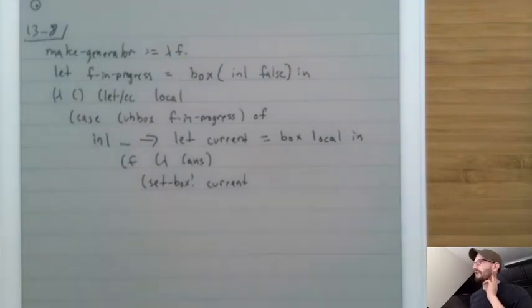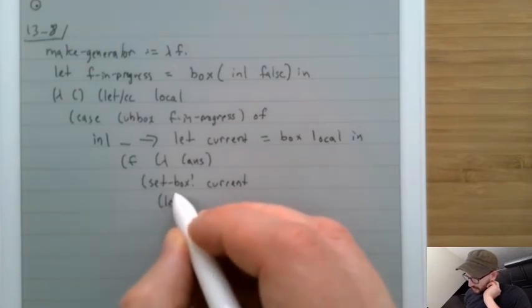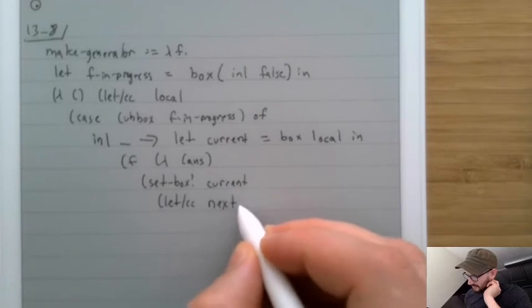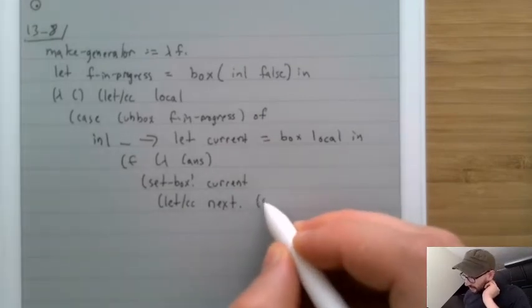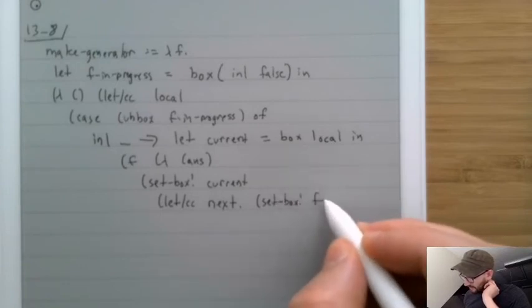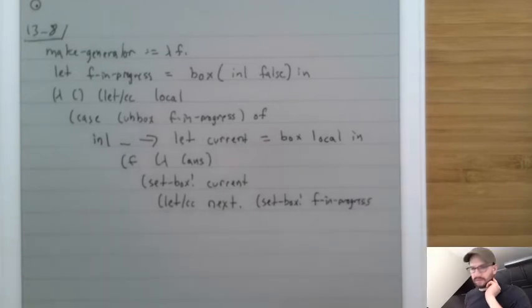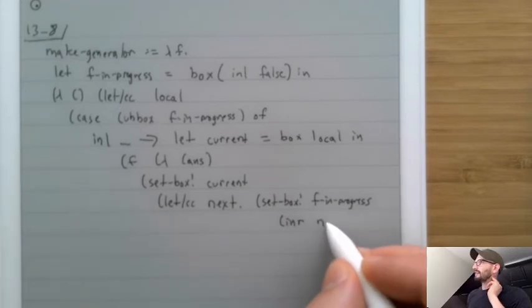So it's going to modify current with the result of calling letCC next, and then we're going to do setBox of f in progress to an inRight of next.